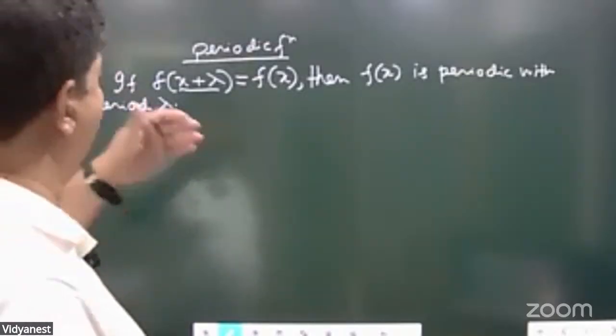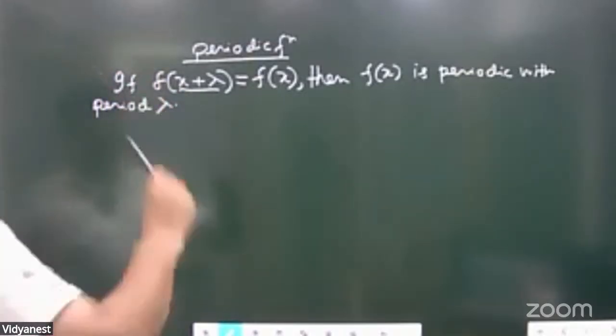Then the function is called a periodic function with period lambda.